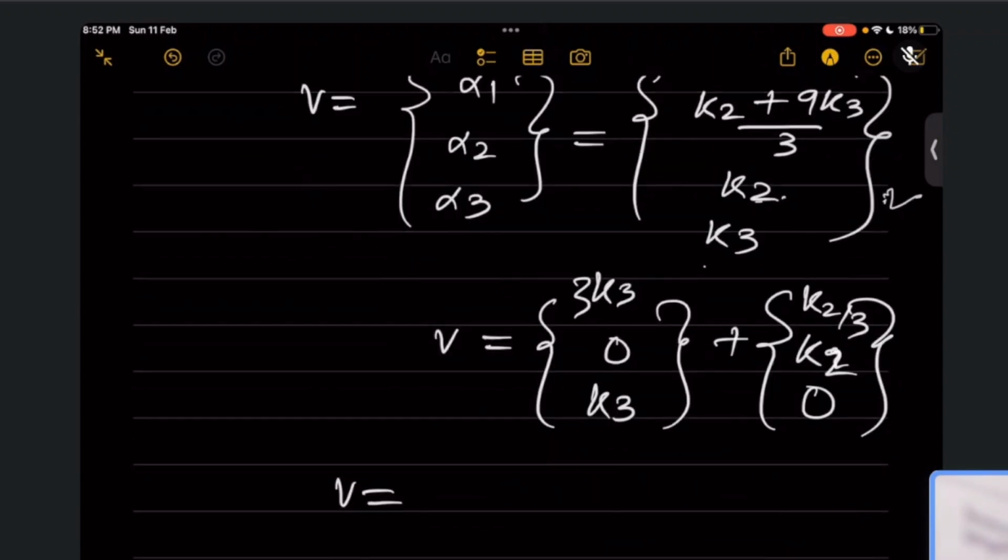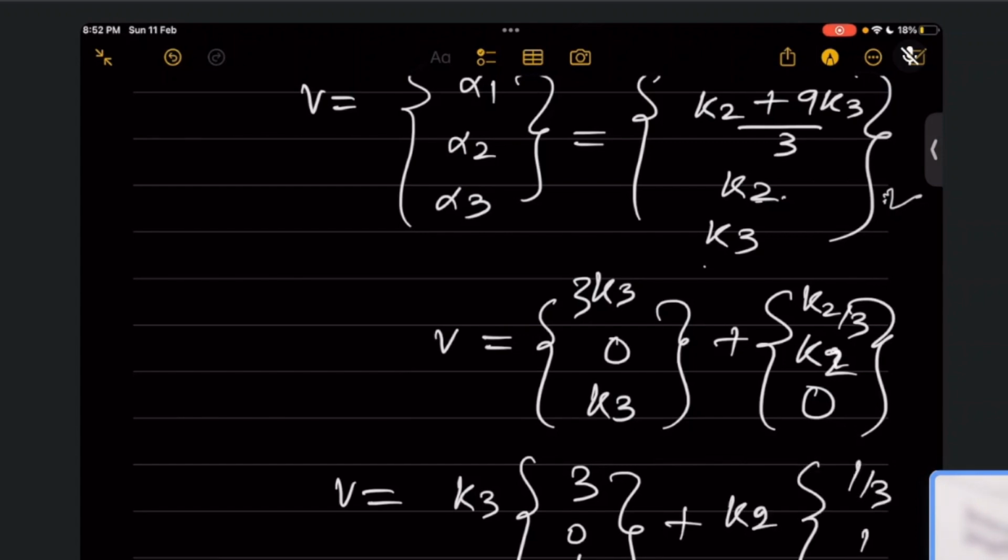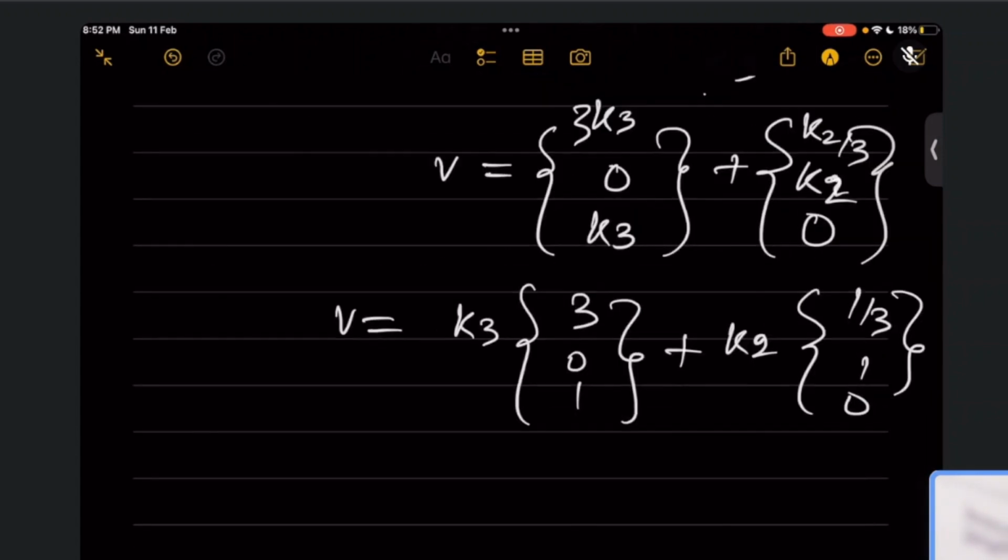So v is equal to, taking k3 out, this will be 3, 0, 1, and here we take k2 out, and it will be 1 by 3, 1 and 0.